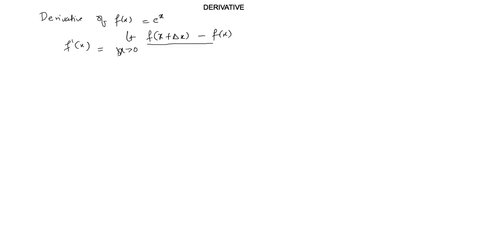Okay, let us see one more problem. Now the derivative of f of x is e to the power of x. So f dash of x is the limit as delta x tends to 0 of f of x plus delta x minus f of x divided by delta x.